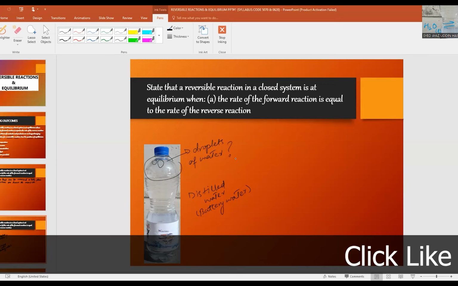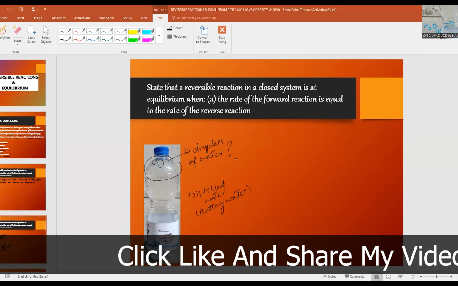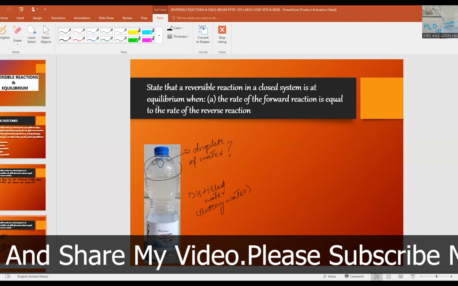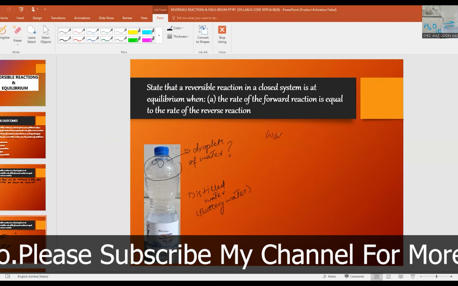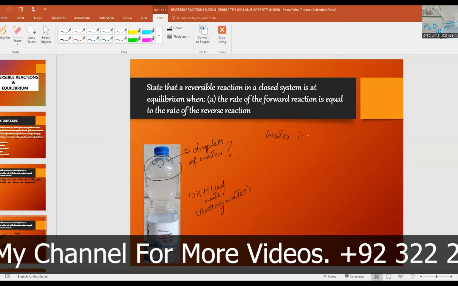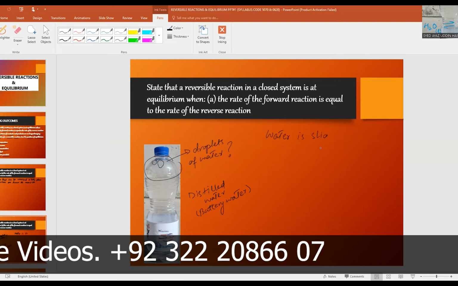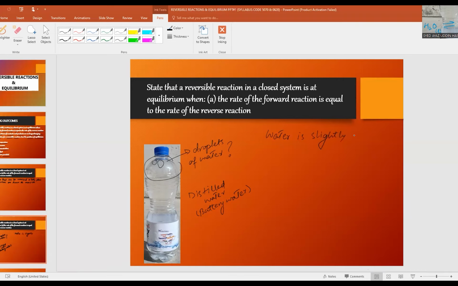Recall that water is slightly volatile. That is, water molecules leave the surface of water below boiling point, and it can happen at room temperature.